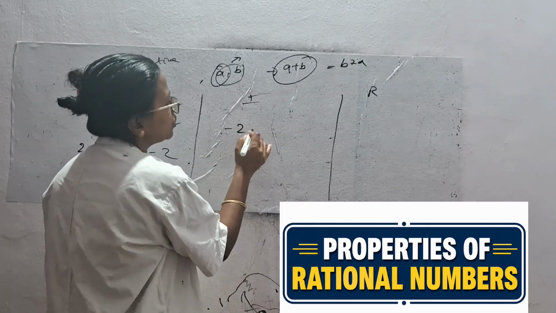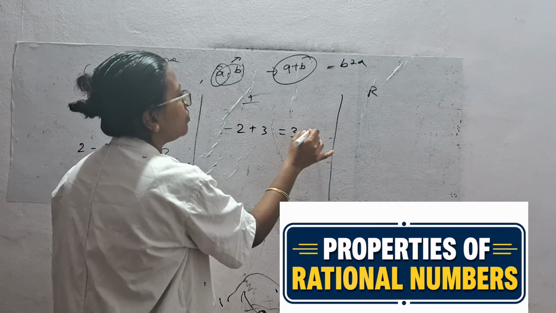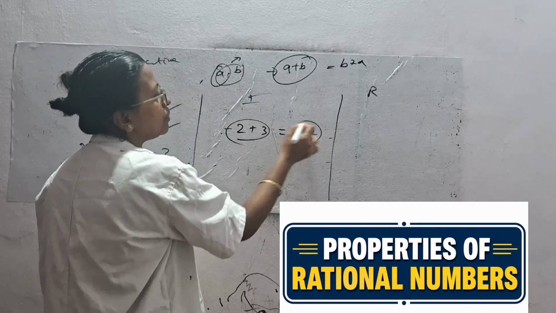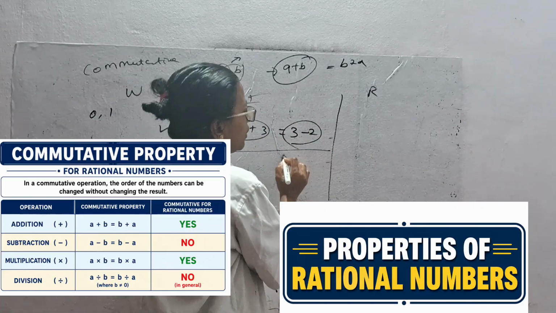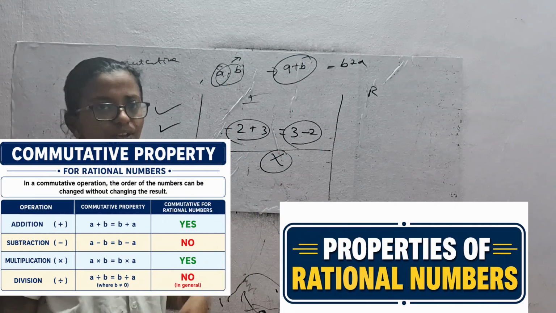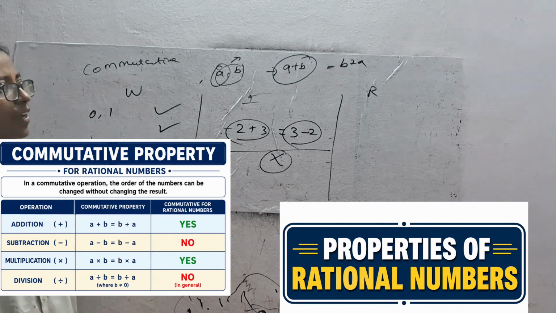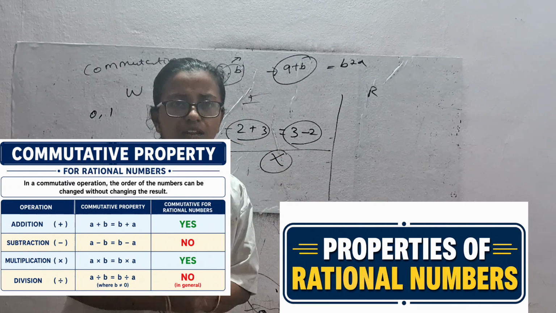Subtraction: minus 2 plus 3 versus 3 minus 2, a plus b versus b plus a, but it is not equal. So we can say integers do not satisfy commutative in subtraction.